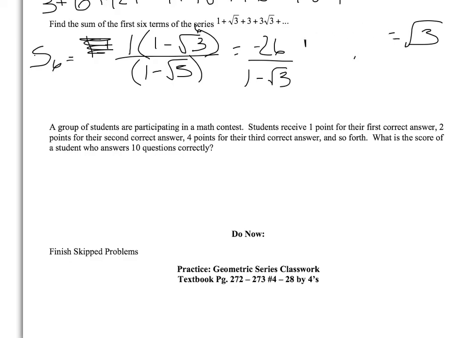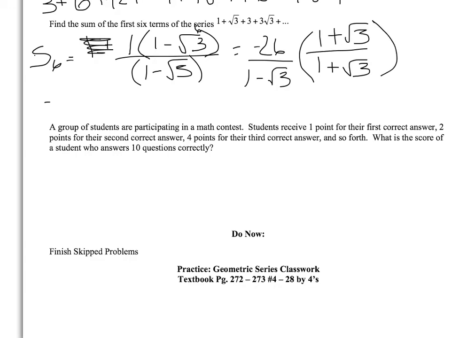Okay, review time here. What's wrong with my final answer? Hopefully you're saying it's the fact that there's a 1 minus radical 3 in the denominator, and you're going to need to rationalize by multiplying by the conjugate, which is 1 plus radical 3. When I multiply the numerator by 1 plus radical 3, I get negative 26 minus 26 radical 3.